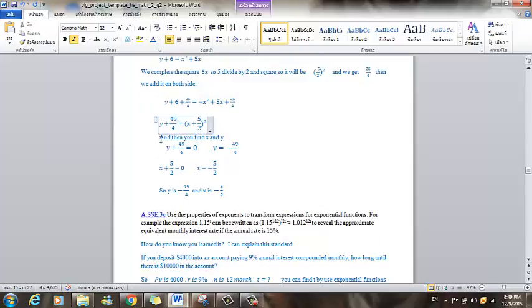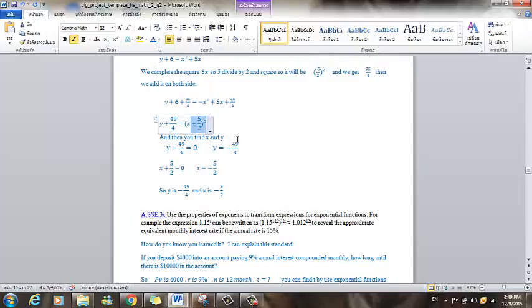Then we simplify and we're going to get 49 over 4, and we have to make the denominators the same, 4. We use this form because we already found the middle, and when we use this one we get this one.